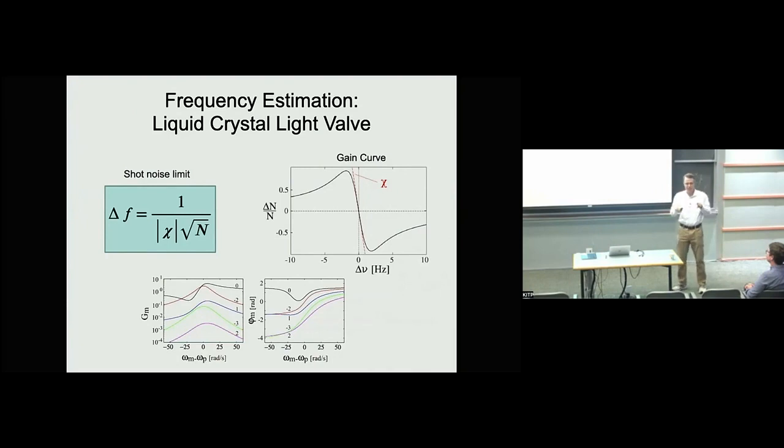So if I take balanced power between those two, I can get a very steep gain curve, which means that I can turn frequency into amplitude, and we can get what is the shot noise limit for our particular device. In our particular case, chi was about 1 second in terms of its slope.